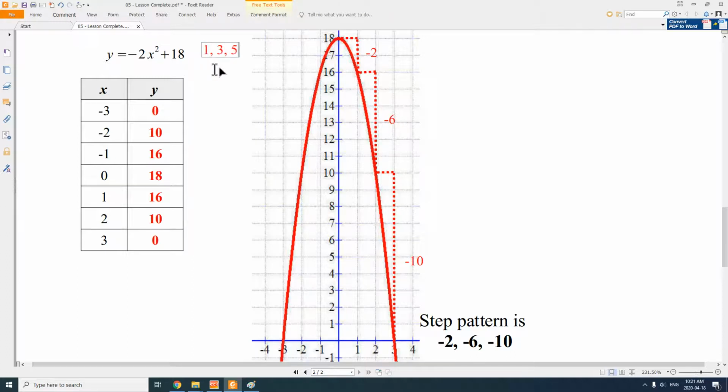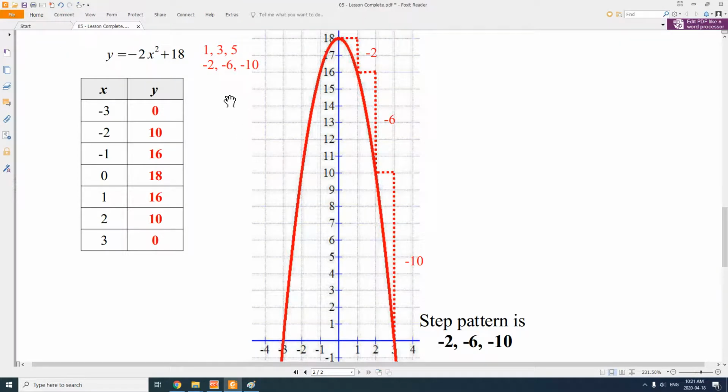I would have started with my basic step pattern for my basic parabola, 1, 3, 5, and multiplied every number by -2, because that's my a value. 1 times -2 is -2, 3 times -2 is -6, 5 times -2 is -10.